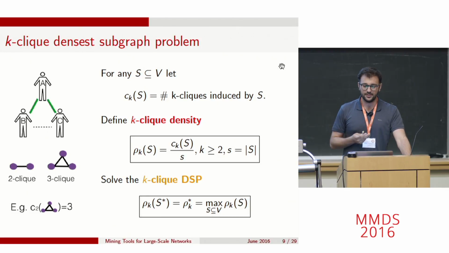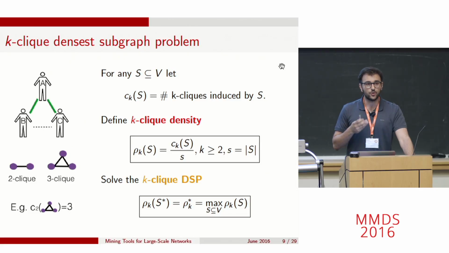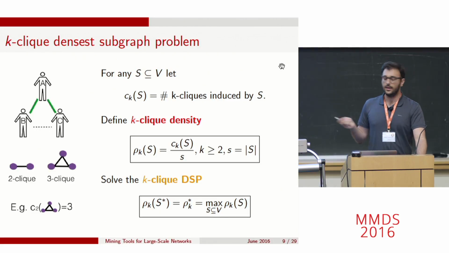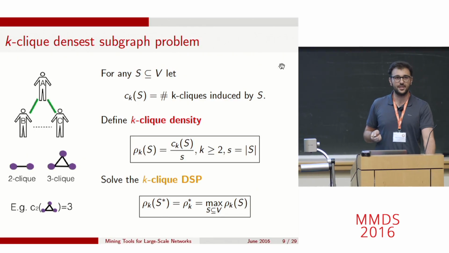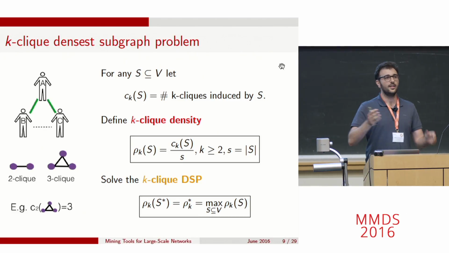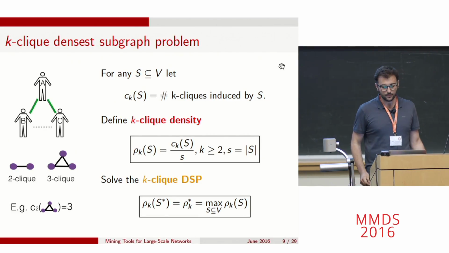But the intuition here is that as we increase k, for instance, if we take k equals 3, triangles are a much better signature of community participation compared to edges. If you have three people, A, B, and C, and A is friends with B and friends with C, then the probability that B and C are friends is way higher than if B and C were two random people on the street.